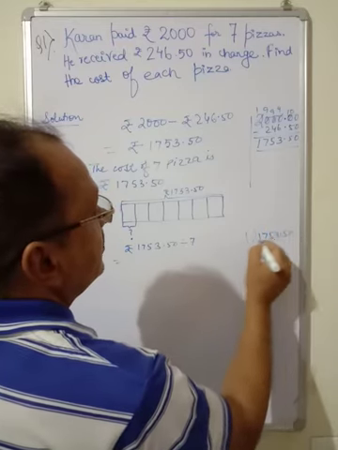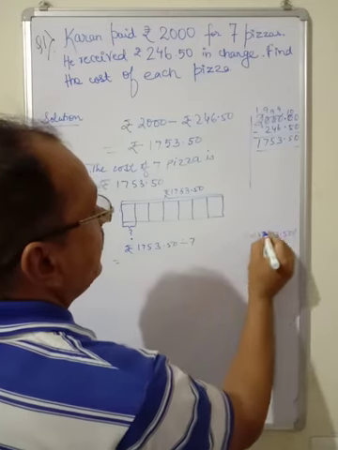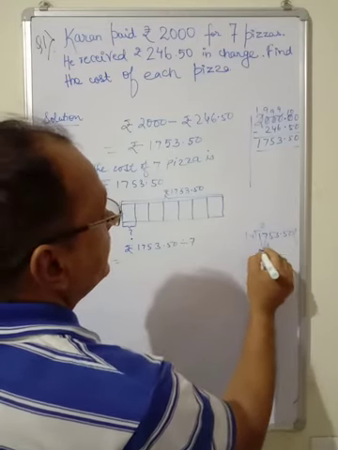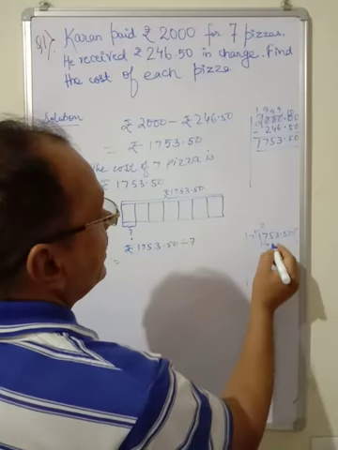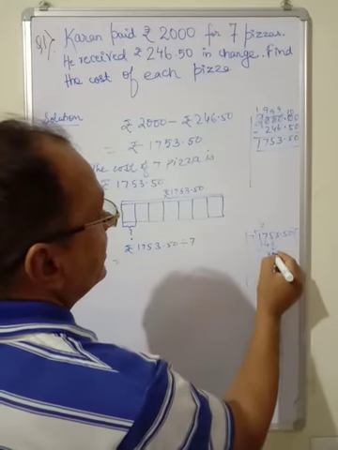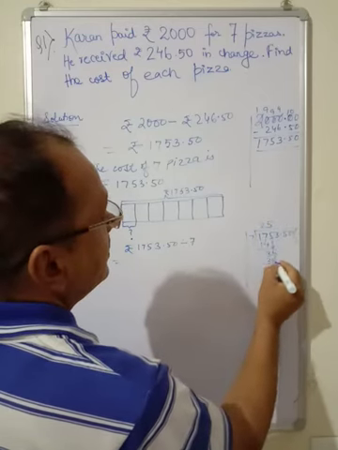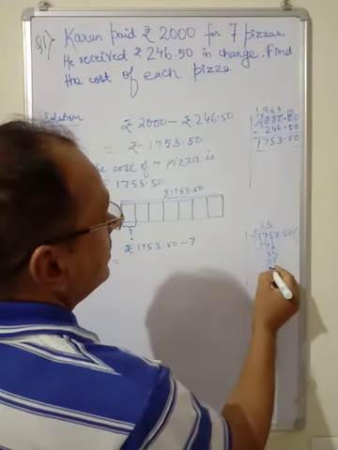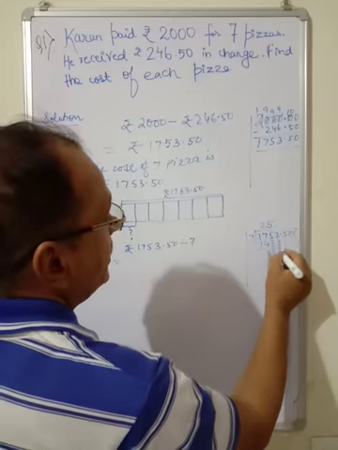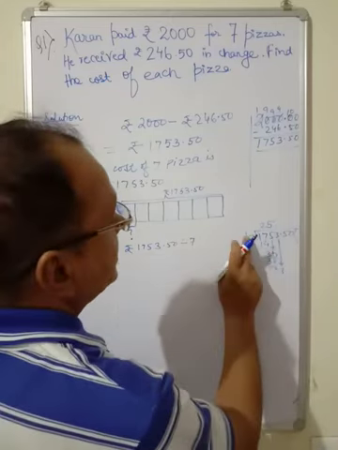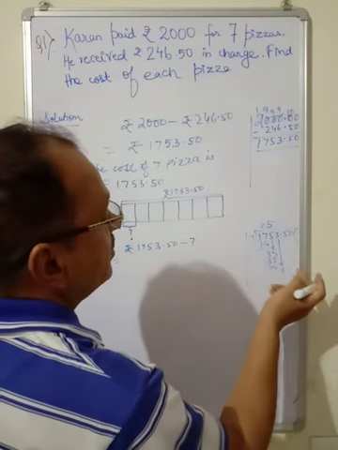1753.50 divided by 7. Now 7 twos are 14, 3. Now this 5 will come here. 7 fives are 35. Now this 3 will come here. Now this 3 is not divisible by 7, so you want one more digit.